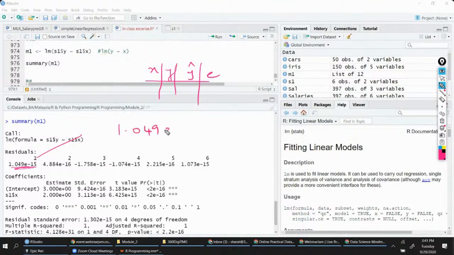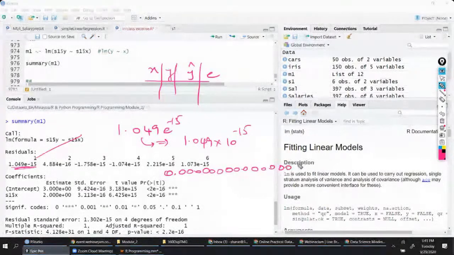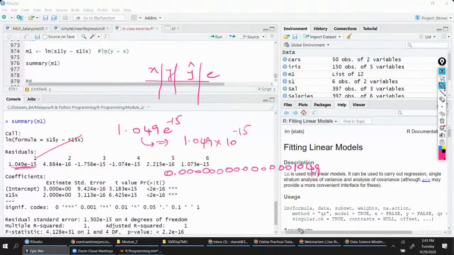1.049 e power minus 15, exponential of minus 15. That is 1.049 into 10 power minus 15. Right? This is written like this. So this is 0.1, 2, 3, 4, 5, 6, 7, 8, 9, 10, 11, 12, 13, 14, 15. This is your error that you are getting.